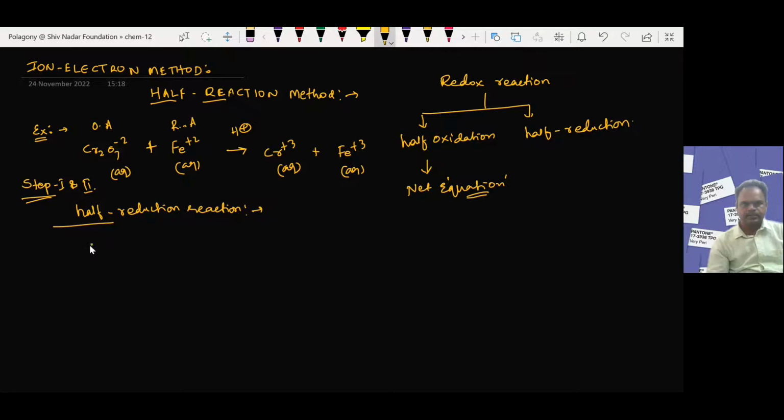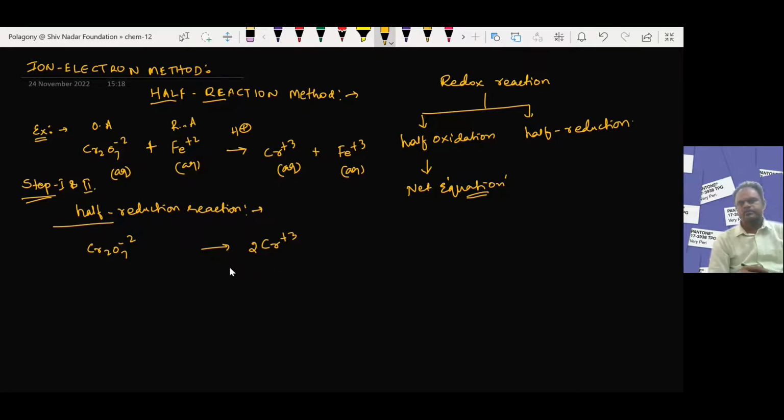Cr2O7 2- changes into Cr3+. I have written this half reduction reaction. Other than oxygen atoms, balance the main atoms first. Chromium is 2 on this side and 1 on this side, so balance it.